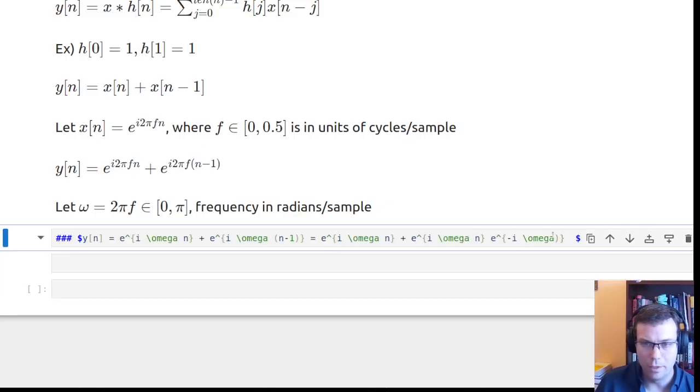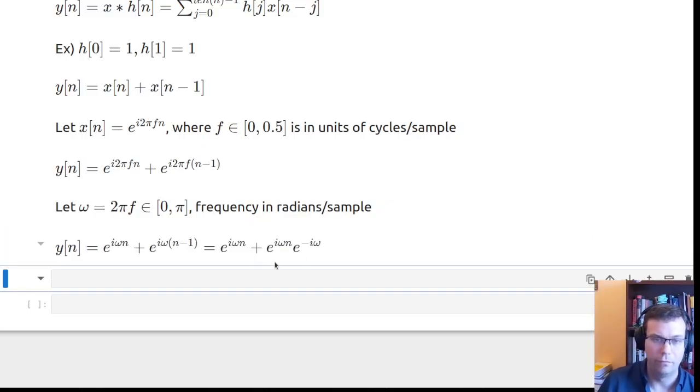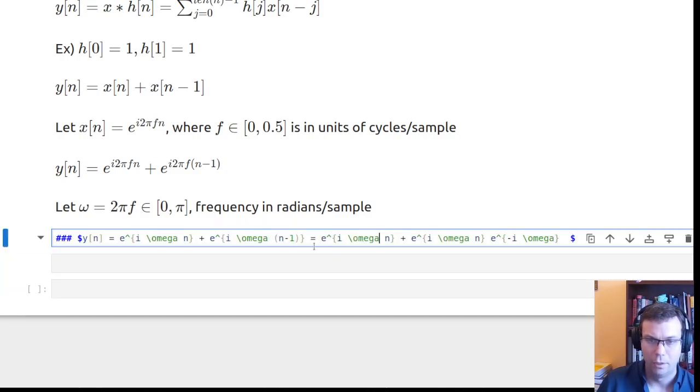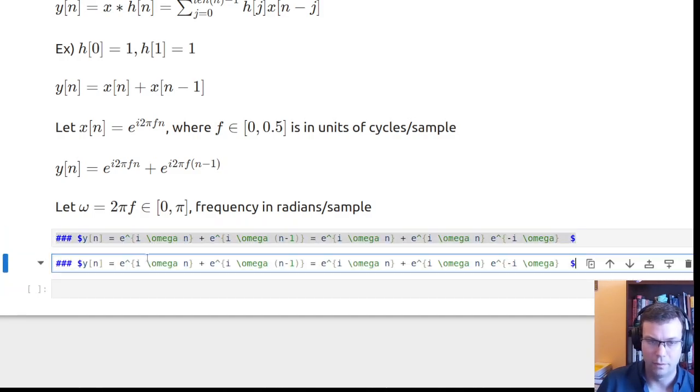And that is a very nice thing we could do because of the rule of exponents. Now we notice that these two additive terms have something in common that we can factor out. And so I can write this as y of n is equal to e to the i omega n times the quantity 1 plus e to the negative i omega.